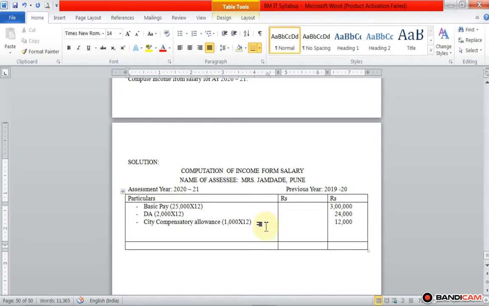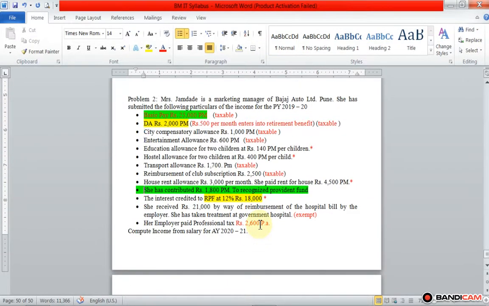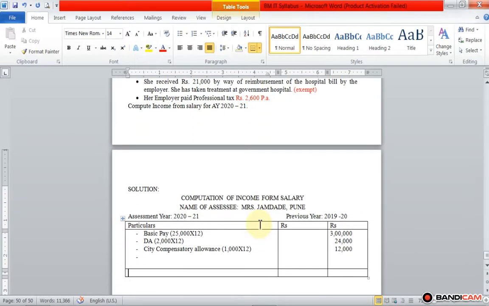Then entertainment allowance, the whole of entertainment allowance is taxable.